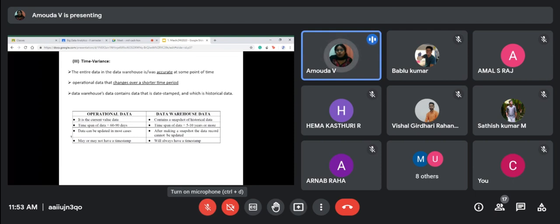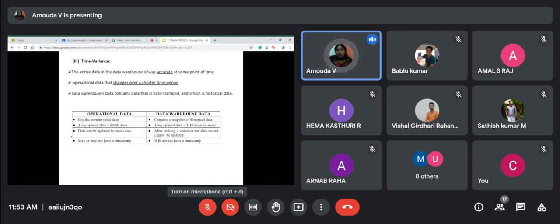The entire data values, at any point of time if you take, should be accurate. Once for all, it is done for the 5 years. You cannot update again. In contrast to the operational data, nothing can be changed over a period of time. Nothing can be changed over a shorter time period. Once for all, it is updated, that's all.